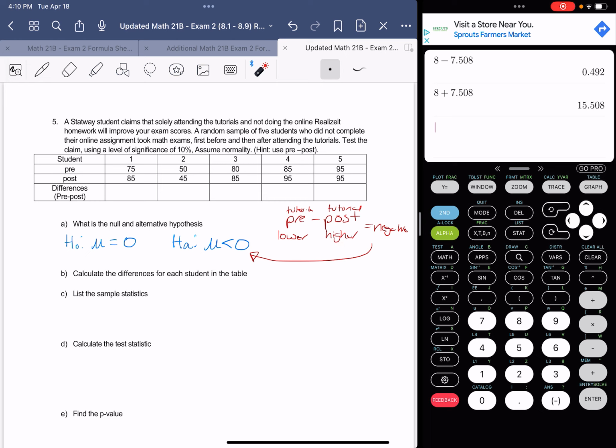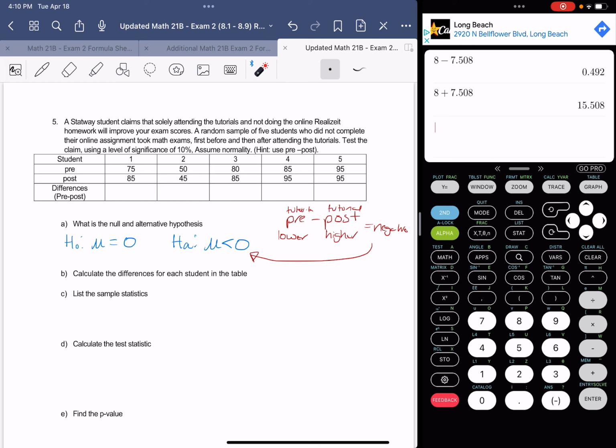So anytime you have a lower number minus a higher number, you expect that result to be negative, which is why we're saying mu is less than 0. This was actually a great example to put this to the test. Any questions just on this part before we move on?